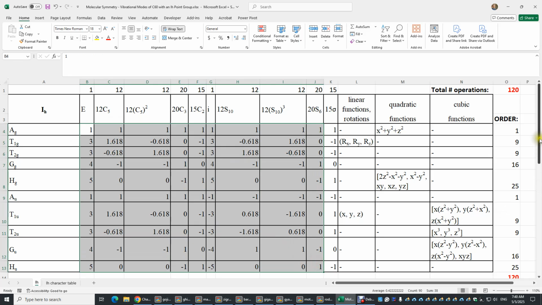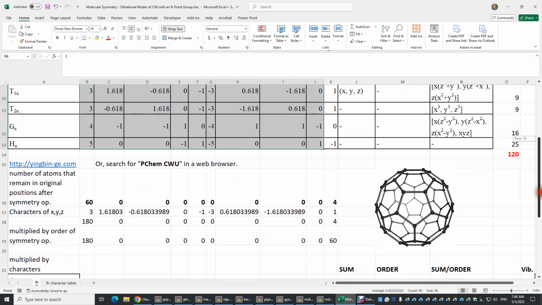And then we're determining the symmetry of the vibration modes. We look at this carbon 60 atomic cluster and determine the number of atoms that remain in their original positions after certain symmetry operations. If we do the identity symmetry operation, that means doing nothing, all 60 atoms remain in their original positions.